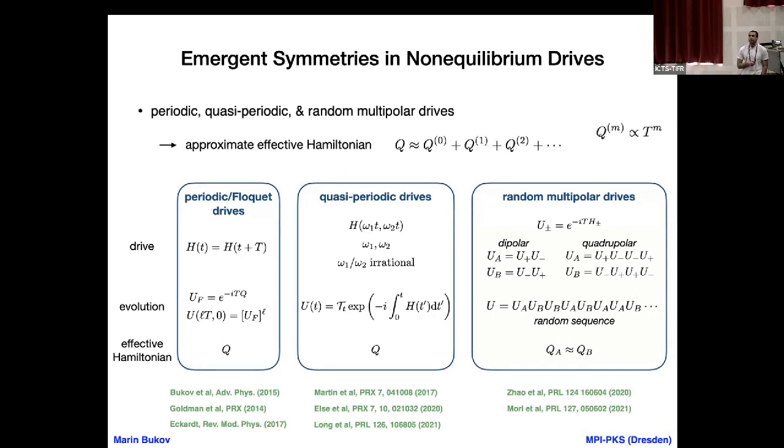One common feature among all of them is that they possess an effective Hamiltonian, as I mentioned here, which we can now expand in powers of a typical time scale. For instance, this time scale can be the period of the drive, or it can be related to one of those frequencies or to this elementary time step, capital T. So I can take the effective Hamiltonian Q and expand it in a power series of this time.